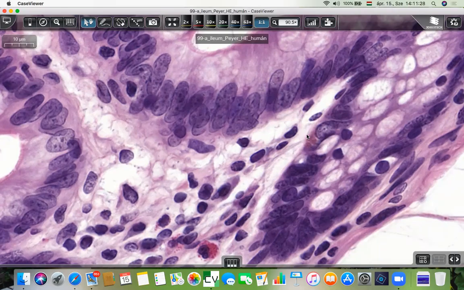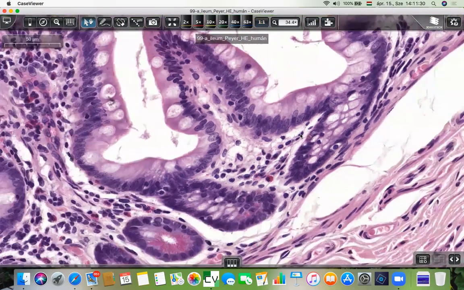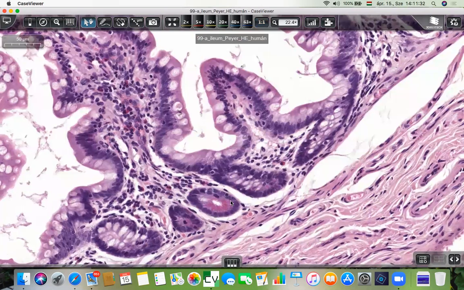So in the crypts of Lieberkühn, we can find enterocytes, goblet cells, Paneth cells, undifferentiated cells, and did I say enteroendocrine cells as well? So these cells build up the crypts of Lieberkühn in the lamina propria.